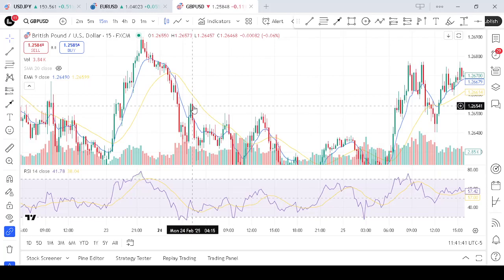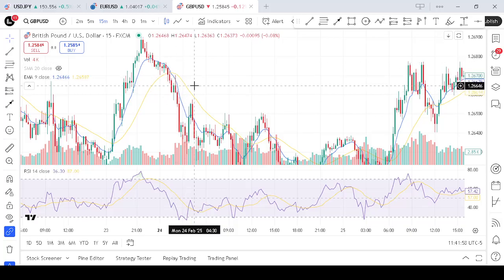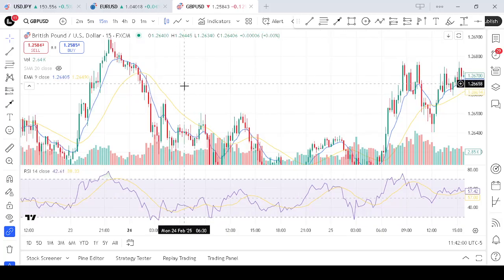Always remember that when you are taking this strategy, you need a minimum of 1:2 risk to reward ratio. When you risk 20 pips, you should get at least 40 pips in return. That is what I mean by 1:2 risk to reward.